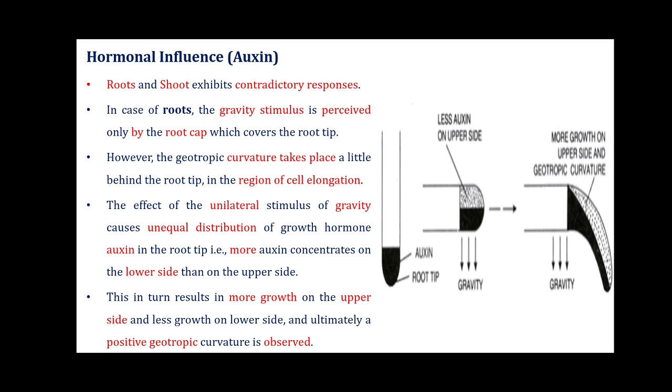Now here also the hormone auxin plays a role. In case of root, the gravity stimulus is perceived only by the root cap which covers the root tip. Now the effect of unilateral stimulus of gravity causes unequal distribution of growth hormone in the root tip. So more auxin is concentrated on the lower side than the upper side.